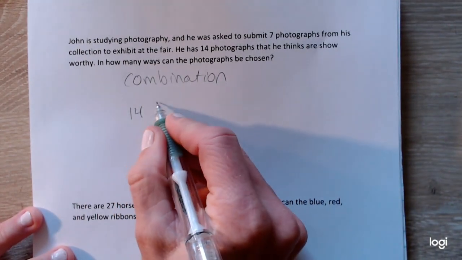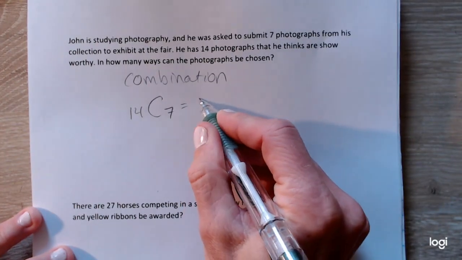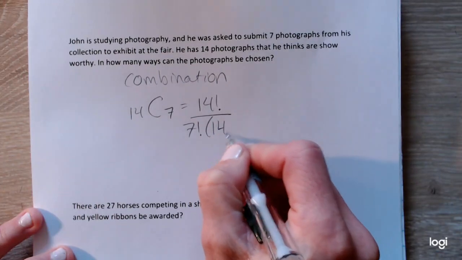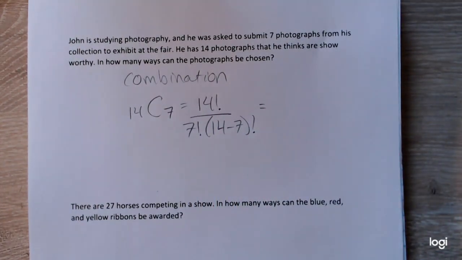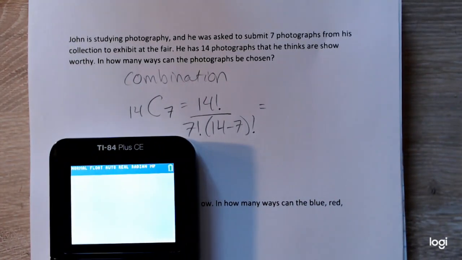We use the formula 14 choose 7, and you could use that formula by hand, or you can use your calculator. To put this into the calculator, I'm going to put n in first, which is 14.